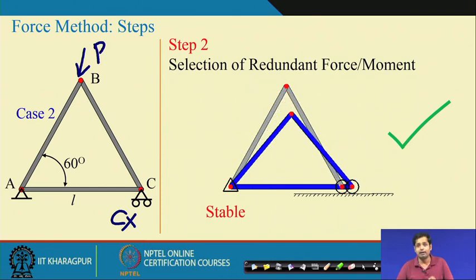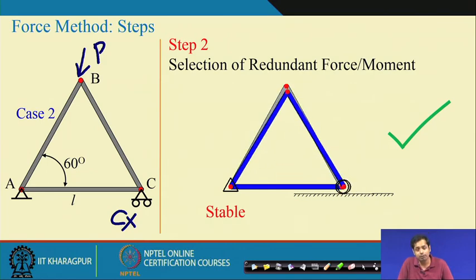So, when you choose a redundant force, it is very important to have some understanding of the stability of the structure. If you recall from your structural analysis 1, stability of the structure is something we have to judge by looking at the configuration of the structure. Yes, there are equations; we can see what the indeterminacy of the structure is, whether positive or negative, and based on that comment on stability.